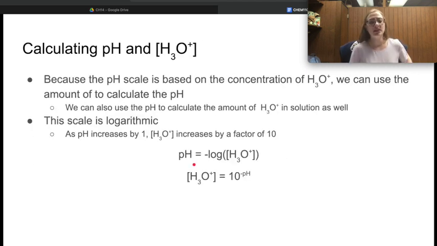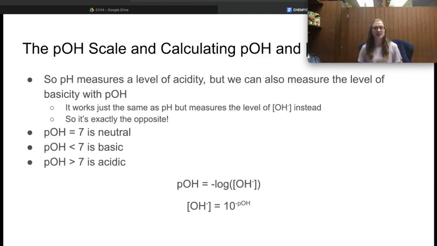The way we do this is using this pH equation here. You don't have to know what a logarithmic function is. You don't have to know what it looks like. All you need to know is that it changes that exponent if we change the pH, and this is the relationship between the two.